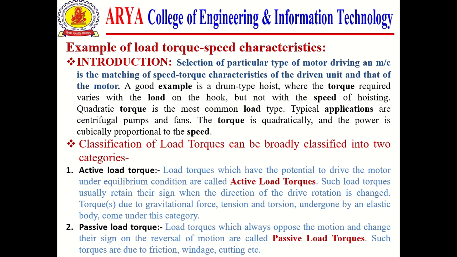Here we give a good example: a drum type hoist, where the torque required varies with the load on the hook but not with the speed of the hoist. Quadratic torque is the most common load type. Typical applications are centrifugal pumps and fans.